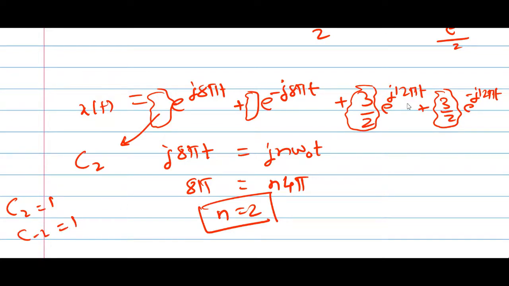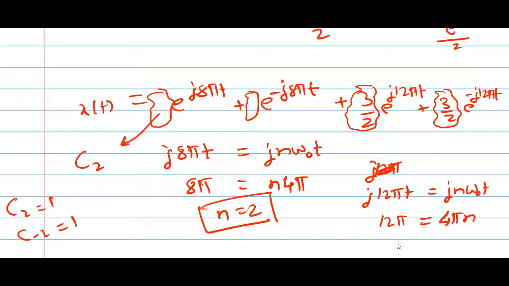Okay, now here 12 pi t, compare j 12 pi t with jnω0t. Omega naught is 4 pi. j and t cancel, so 12 pi equal to 4 pi n.